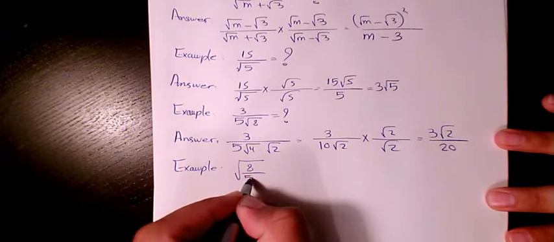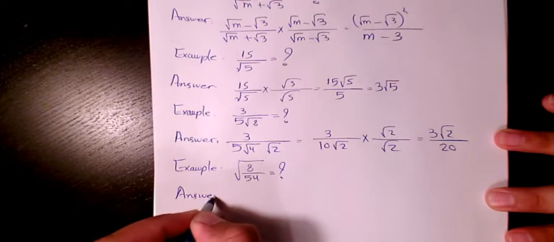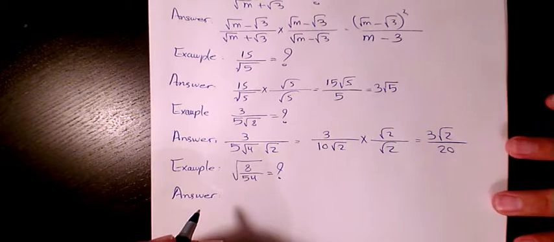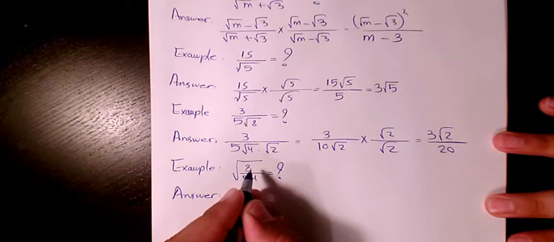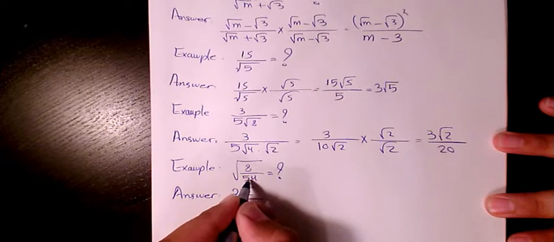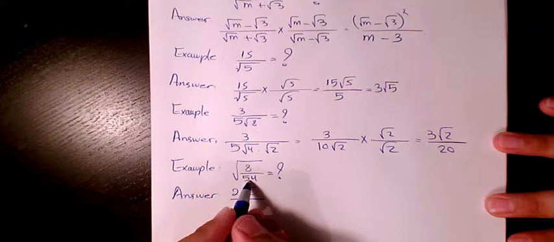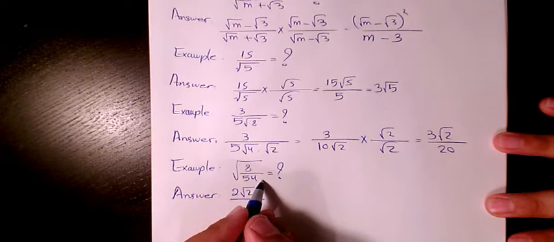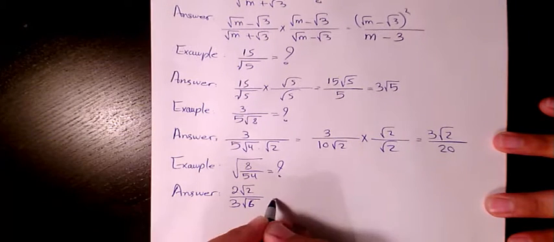Eight over 54. Answer is, 8 is 2 times 2 times 2, so it's going to be 2 root 2. 54 is 9 times 6, which is going to be square root of 9 times square root of 6. Square root of 9 is 3, and then you have square root of 6.